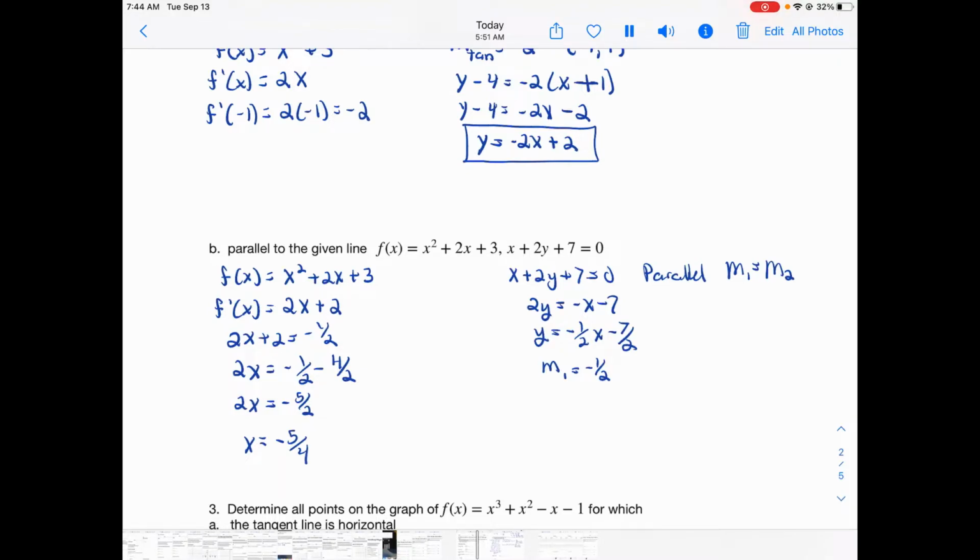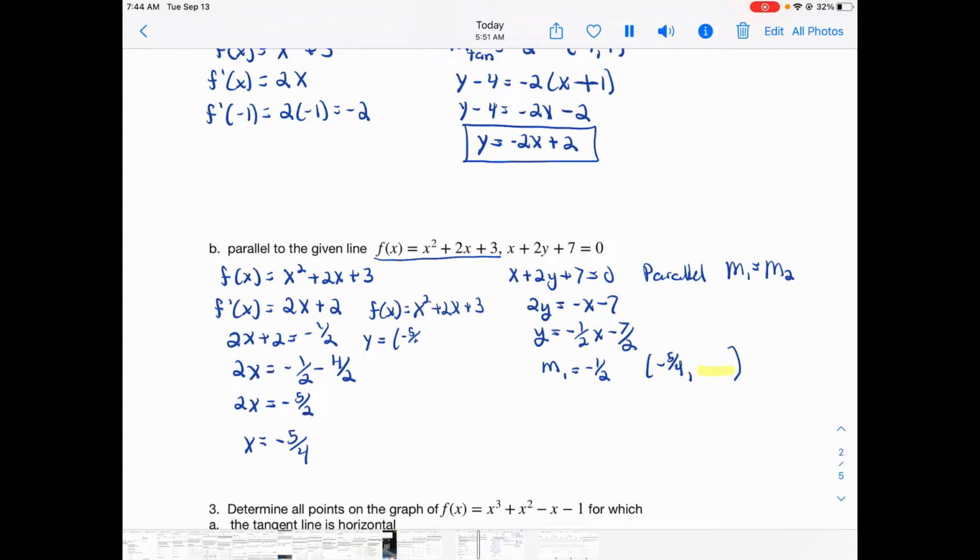So now I found the x value of the point of tangency, so I need to figure out the y value. To find the y value, I'm going to take this solution that we have here and plug that back into my original function, my f of x function, and whatever I get as my result, remember f of x stands for our y, will be the y of this point. So now I have to find the y value of the point of tangency.